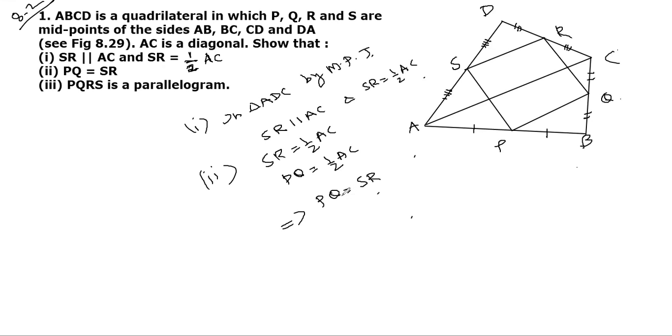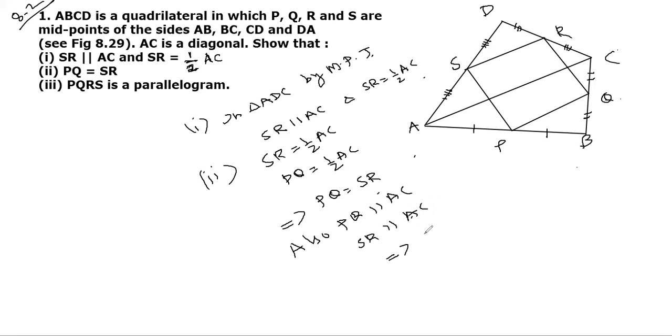Now we have to show that PQRS is a parallelogram. PQ is parallel to AC because the line joining the midpoints is parallel to AC. Similarly, SR is also parallel to AC.